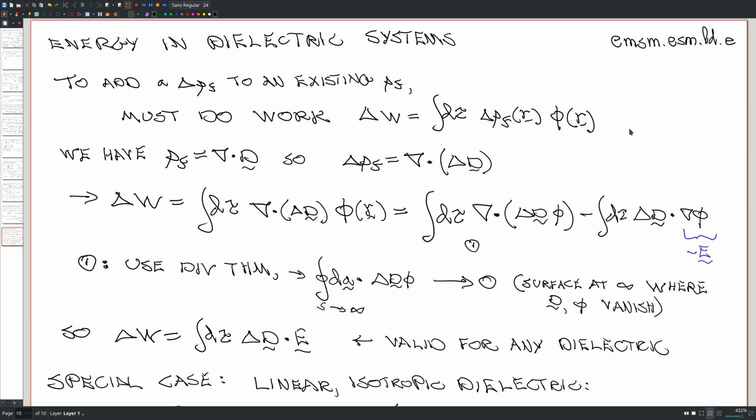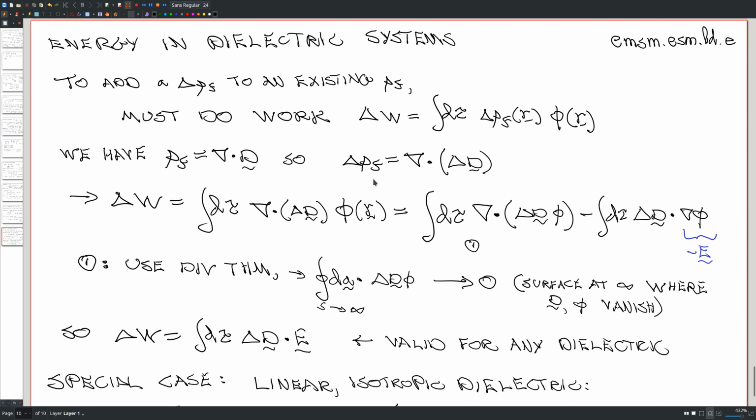Well, the change in the energy is still just the amount of free charge that you put in times the potential where it sits. You remember these equations that we had for the energy: the sum of the charges times the potential where they're sitting gives you the total energy. And here you're just massaging this equation by saying that rho f is just the divergence of the displacement.